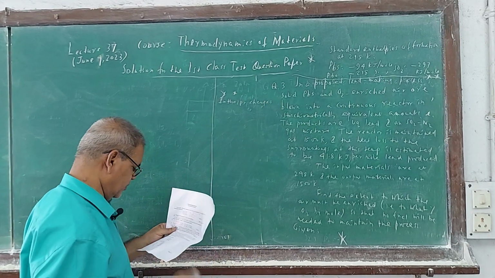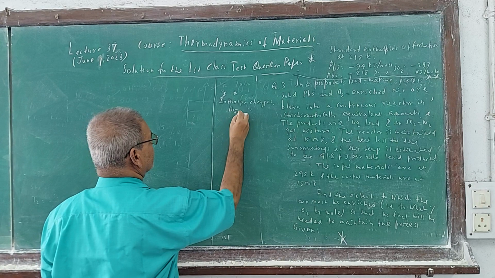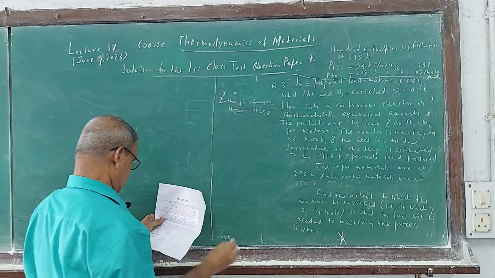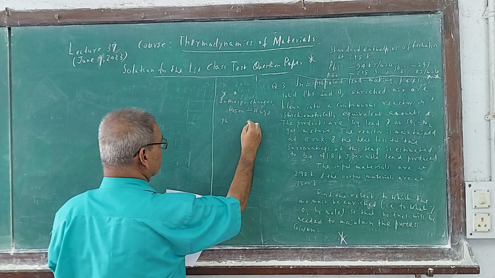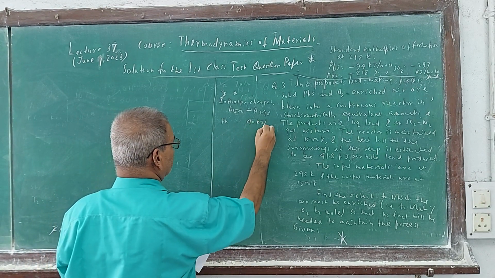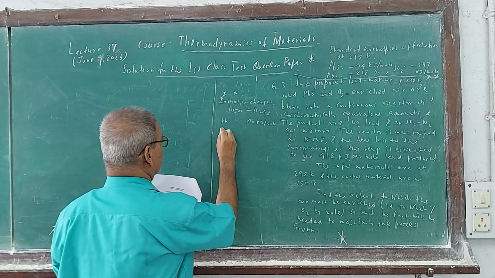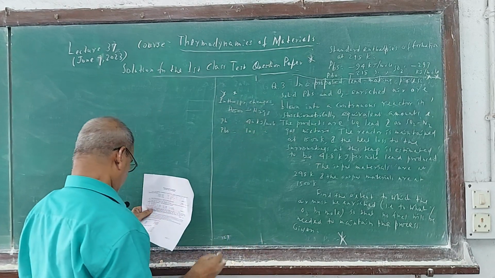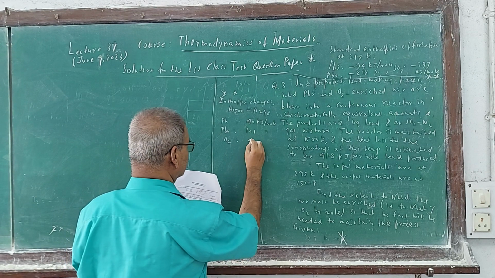What is the change from H1500 minus H298? Pb, 40 kilojoule per mole. PbO, 101. O2, 31.